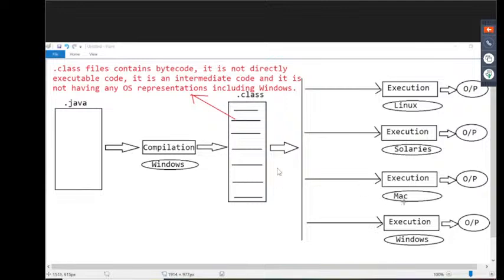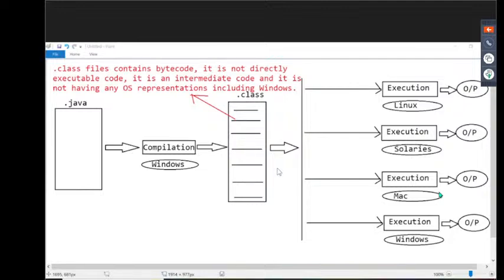That bytecode must have the Mac representations, then only we can execute the program on the Mac operating system. That bytecode must have Windows representations, then only it can be executed under the Windows operating system. All of you get my point or not? Observe carefully.